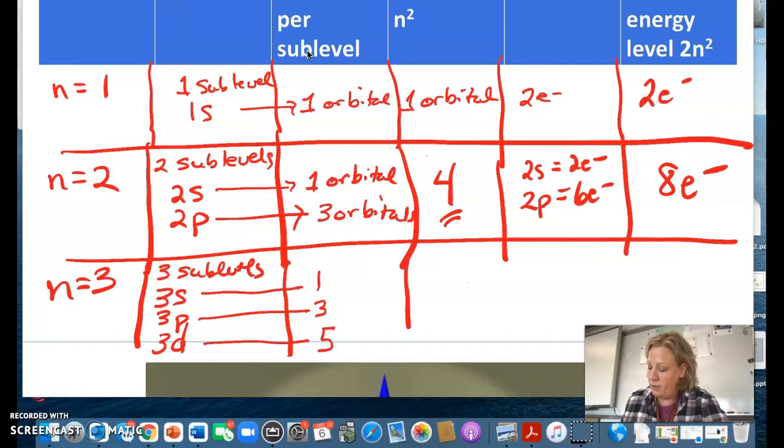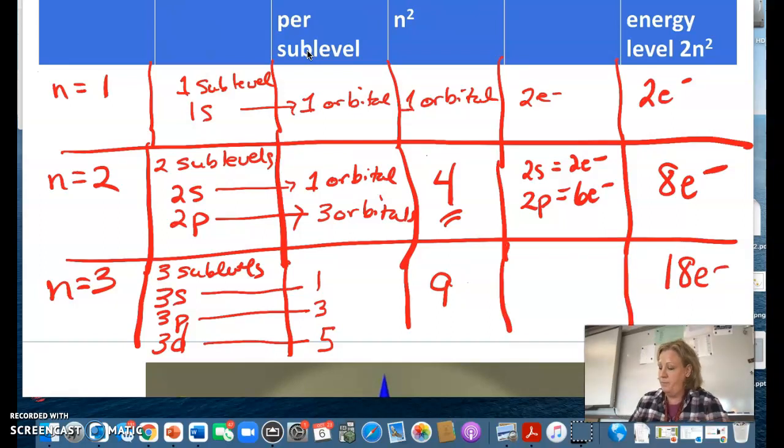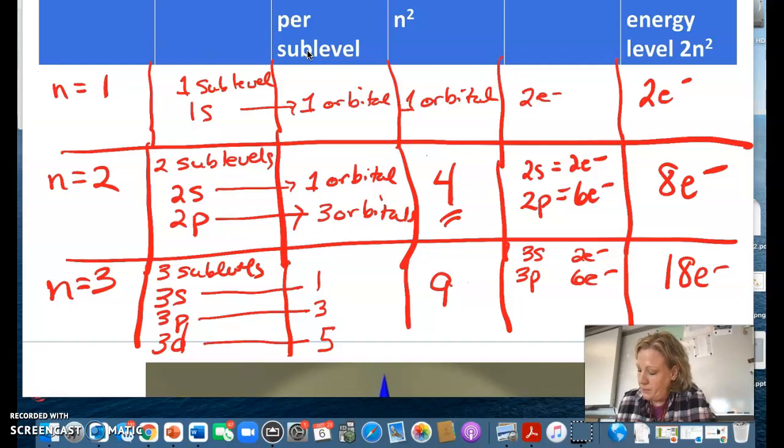So we have a total of 9 orbitals. So we know we're going to have 18 electrons because each one can hold up to 2 electrons. And the 3s can hold 2 electrons, 3p can hold 6, and the 3d can hold 10.